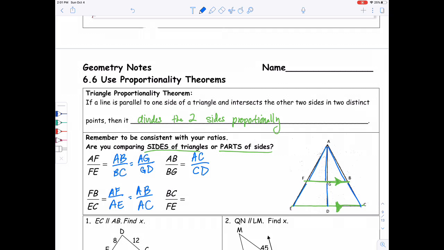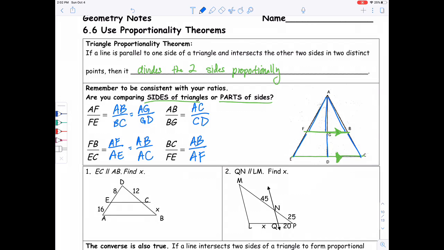So you can see that BC is part of a triangle, and FE is also part of a triangle. Okay, on the other side, another two sides you can compare would be maybe the other part. So AB to AF.